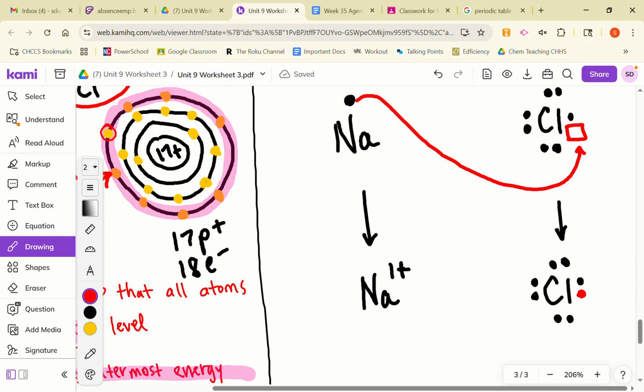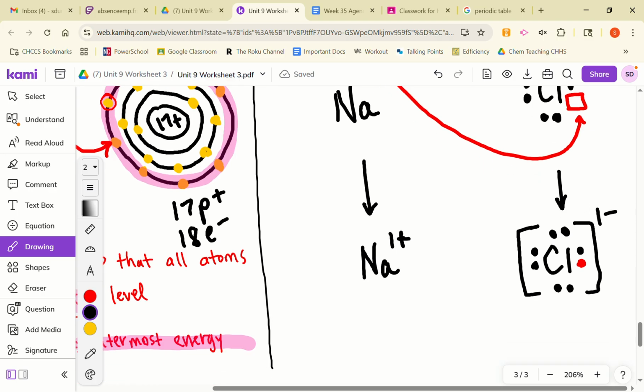We always put it in brackets when it's an anion, and we put -1. So now we have the sodium ion and the chloride ion.